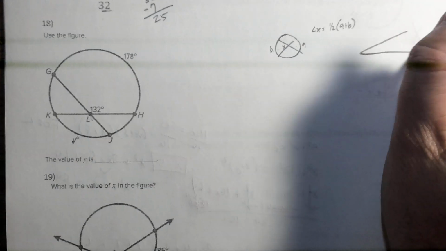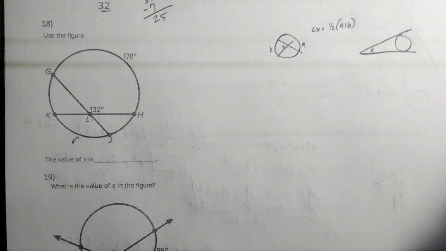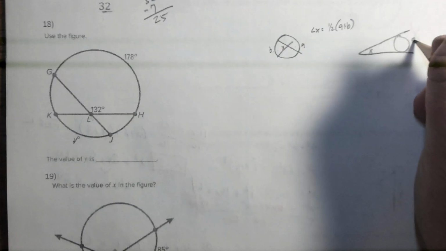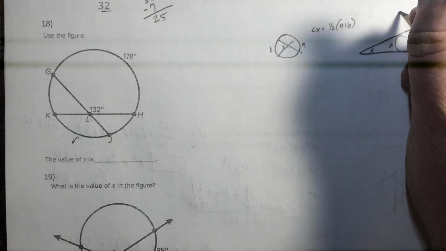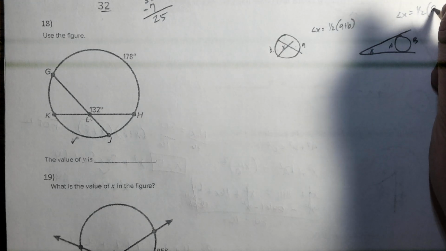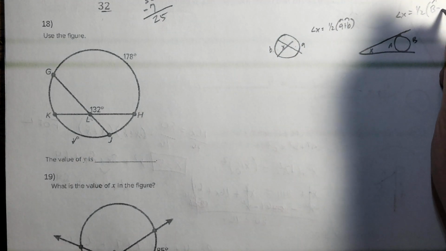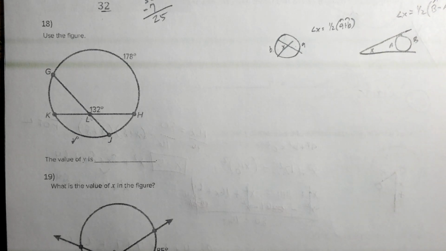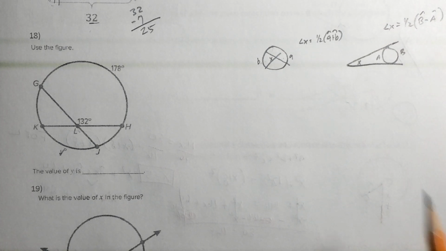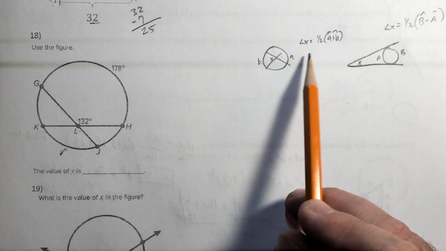If you have a situation where the angle's out here, then your angle will be 1/2 of arc B minus arc A. So when the angles are inside, we add these two arcs and take half of it to get the angle.